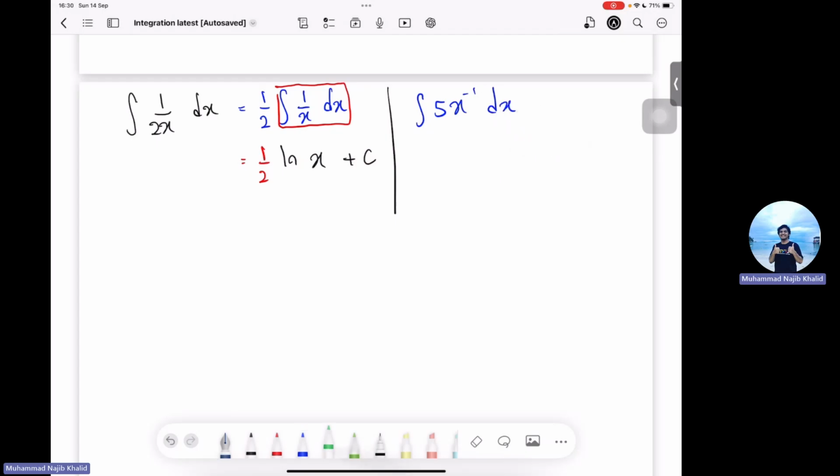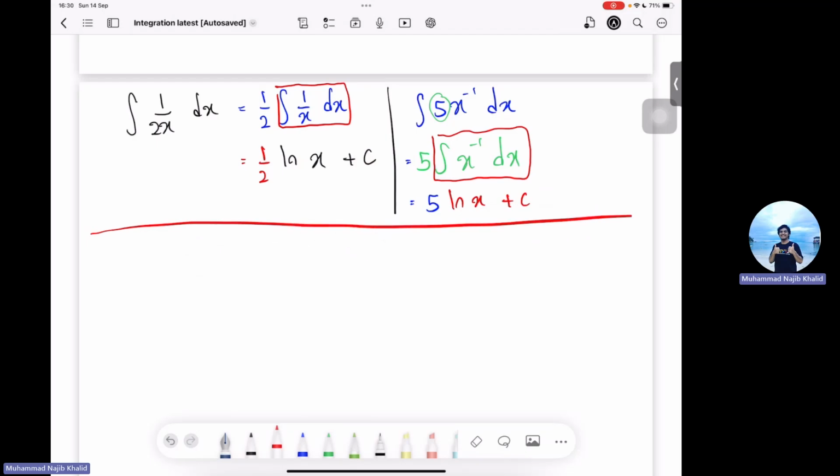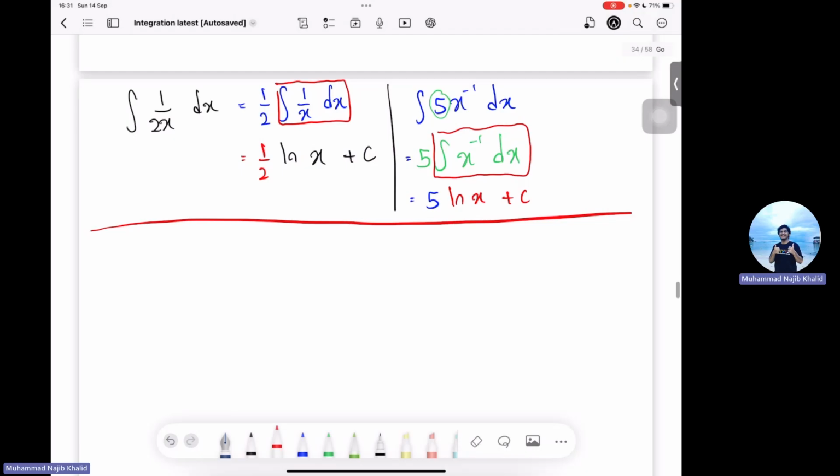We can bring the 5 outside, so we have 5 times the integral of x^(-1) dx. In this case, the integral of x^(-1) will give us ln, and the last answer will be 5 ln x plus c. Done. Simple.